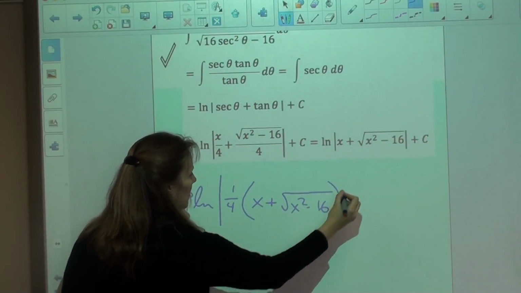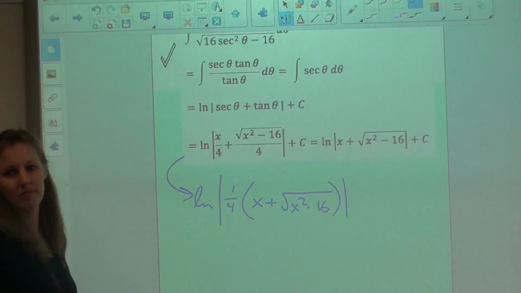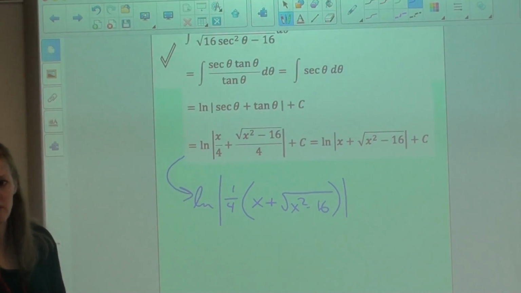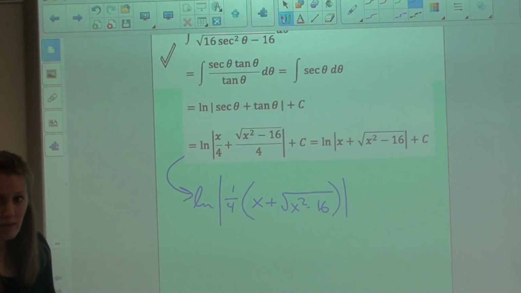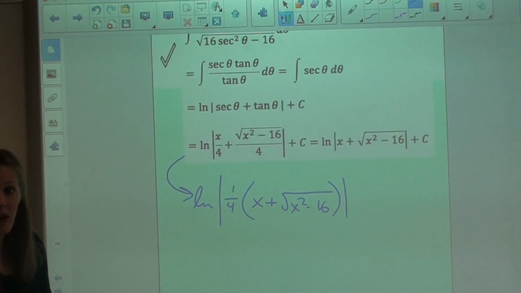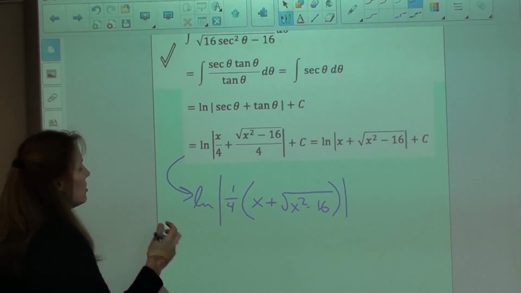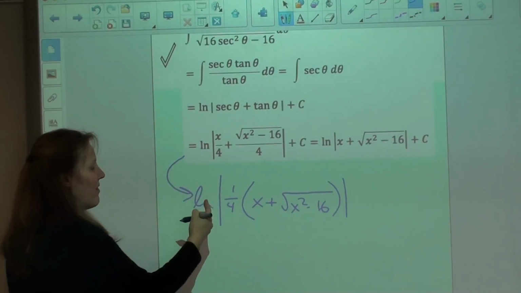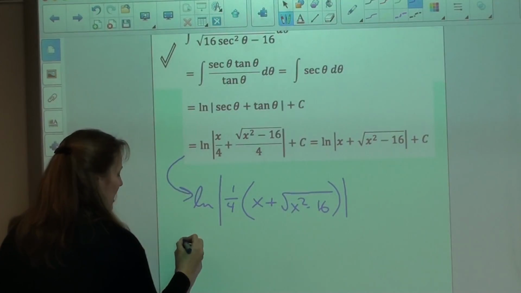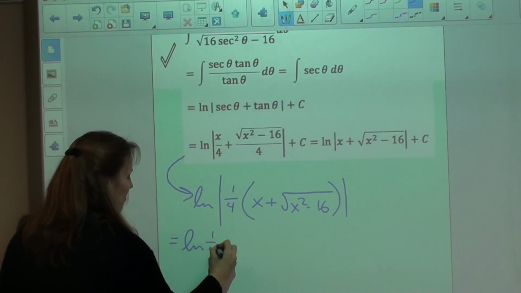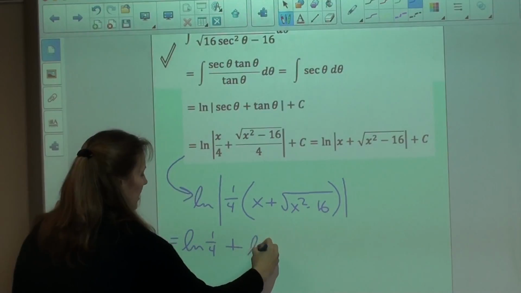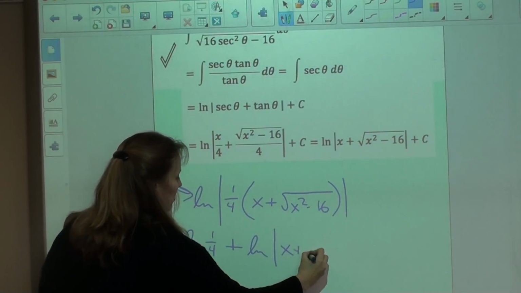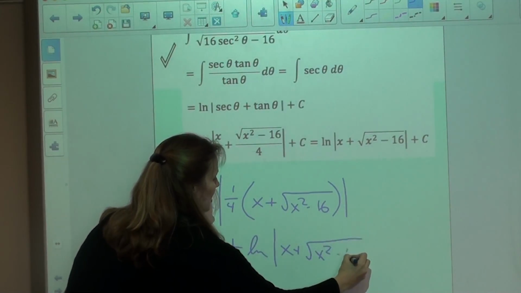Remember, the natural log of a product equals ln 1/4 plus ln of the absolute value of x plus root x squared minus 16.